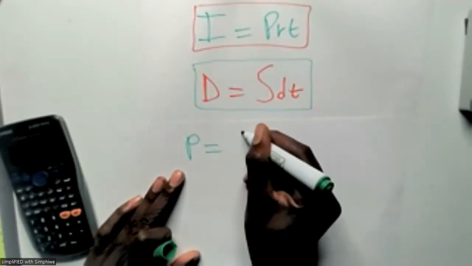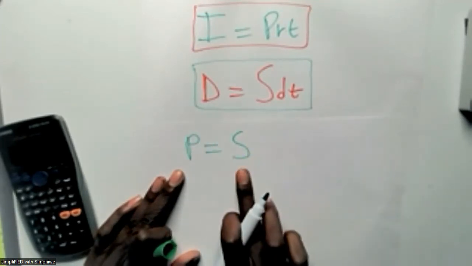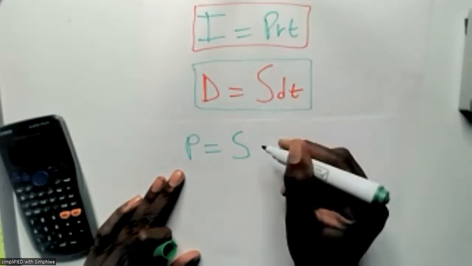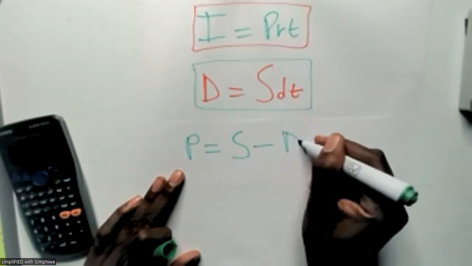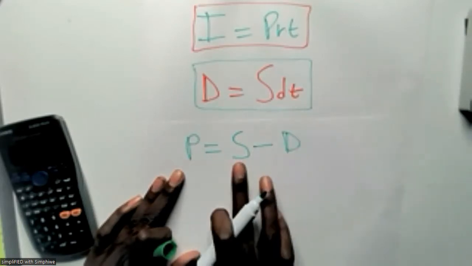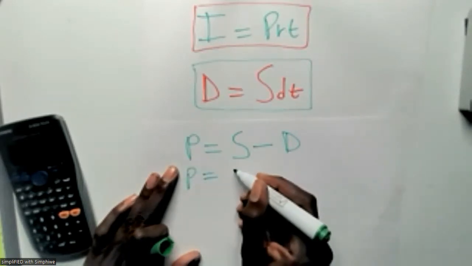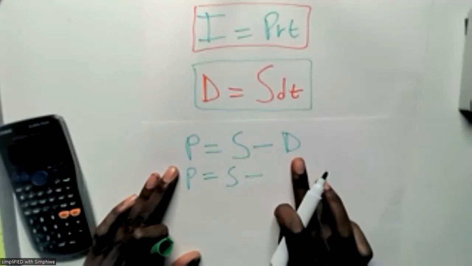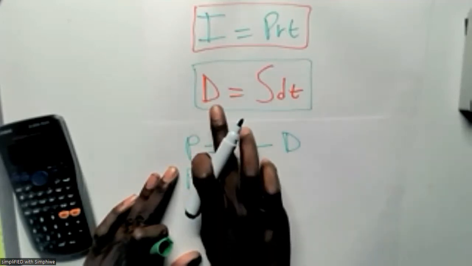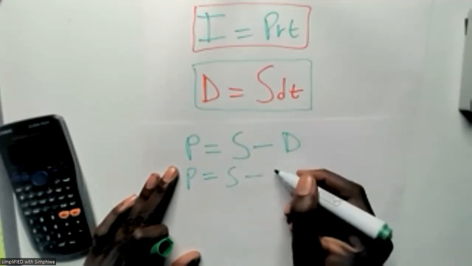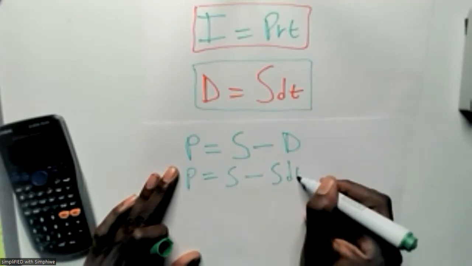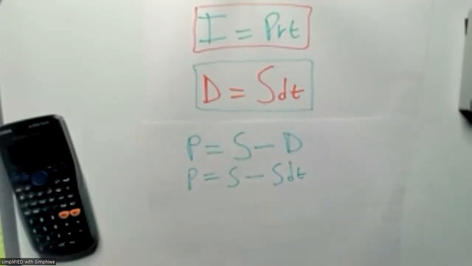So whatever I'm getting now will be whatever I'm going to pay in total, subtracting the discount they're giving me now, right? And P is equal to S minus D for discount. D is equal to SDT, so it's minus SDT.